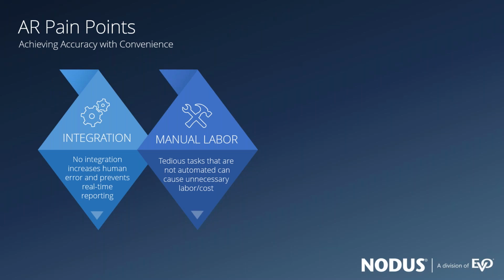All that GL entry is manual, which, as we talked about, is prone to errors because you're relying on somebody typing it in. There could be human error, but it's also a very lengthy process, and time is money. You can automate these tasks so your teams can utilize their time more efficiently.